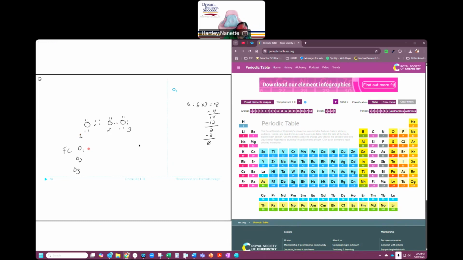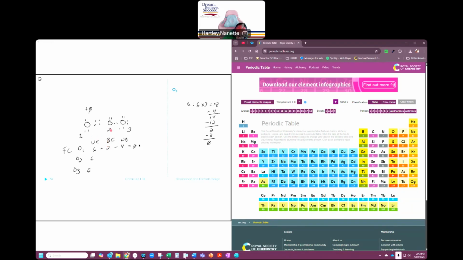So on oxygen 1, our valence electrons on each of these is 6. On oxygen 1, we have 2 electrons from the bonding electrons. We have 2, 4 from the non-bonding electrons. So that's a 0 charge.